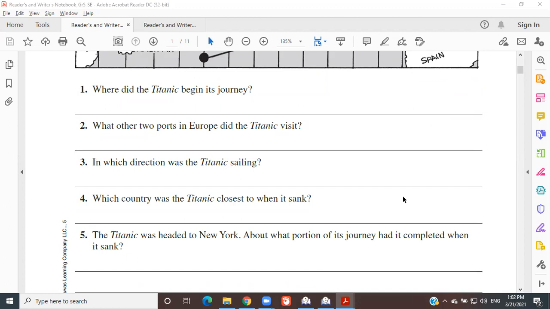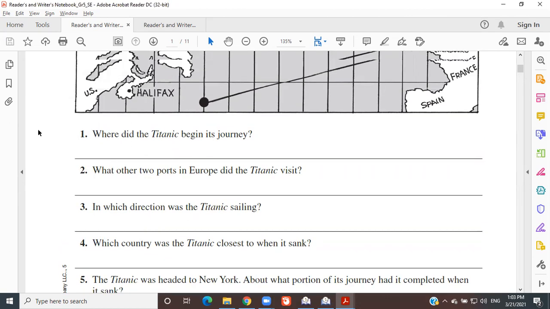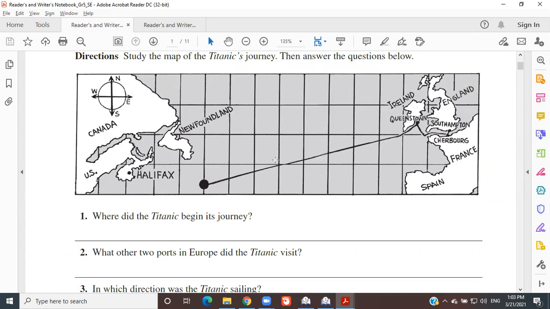Abdurrahman Ahmed. Hello. Number 5, please. The Titanic was headed to New York. About what portion of its journey had it completed when it sank? What percent?